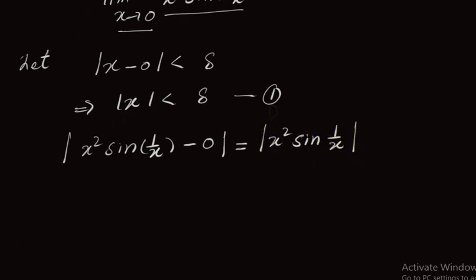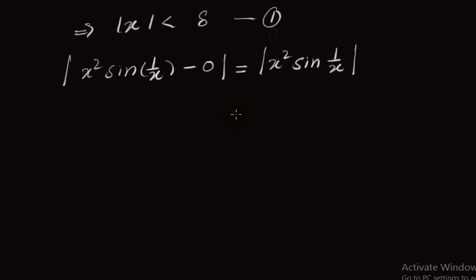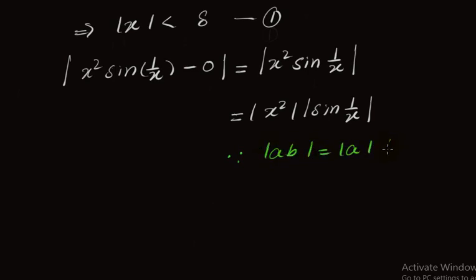By using the property of the modulus function, we can write it as mod of x square and mod of sine 1 upon x. The reason is that mod of AB is equal to mod of A and mod of B.